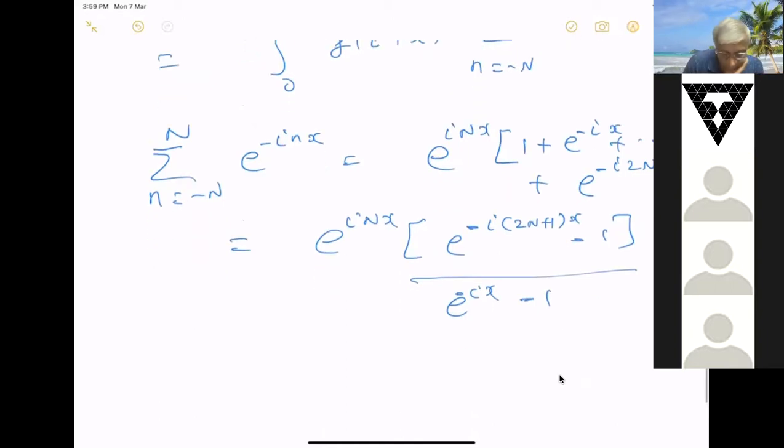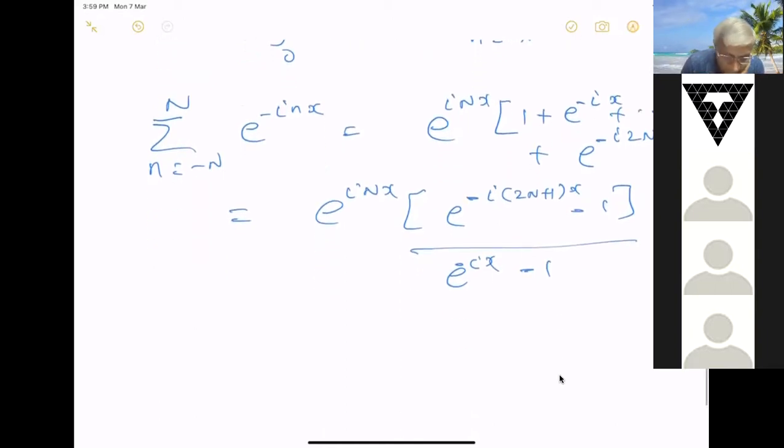I am just using the basic formula of a finite geometric series, not an infinite series. If I just compute it, to not make a mistake, I have just written it like this, okay?